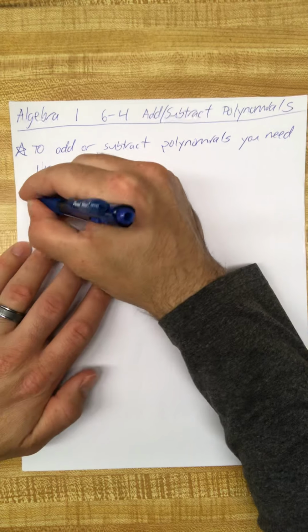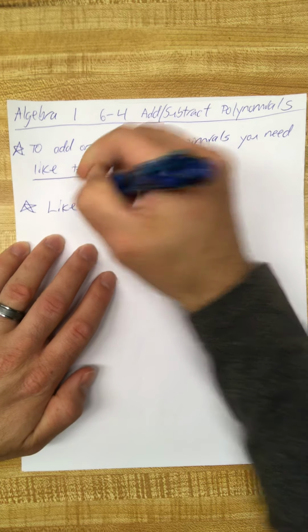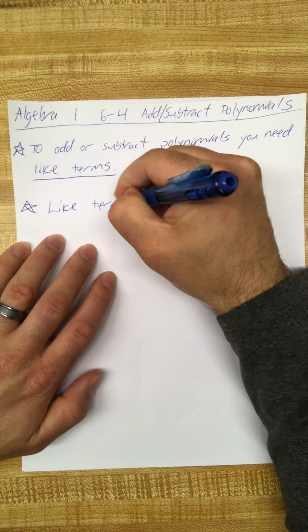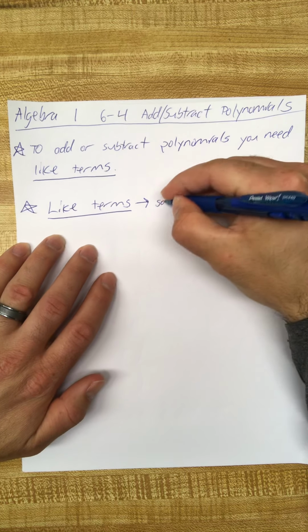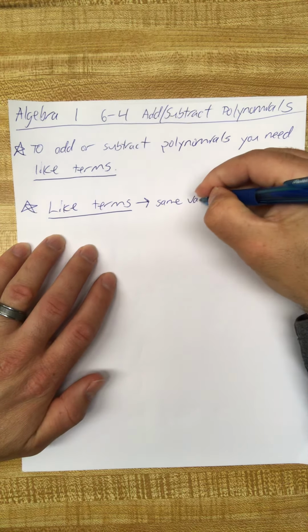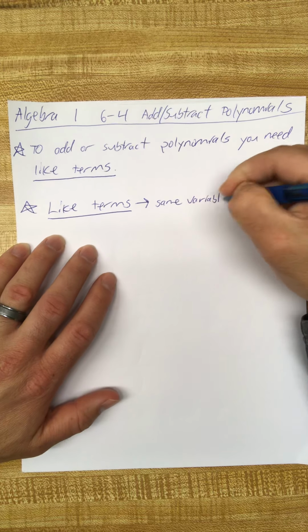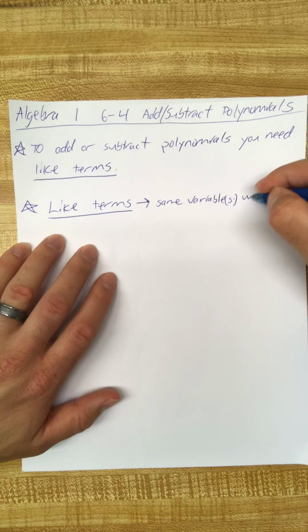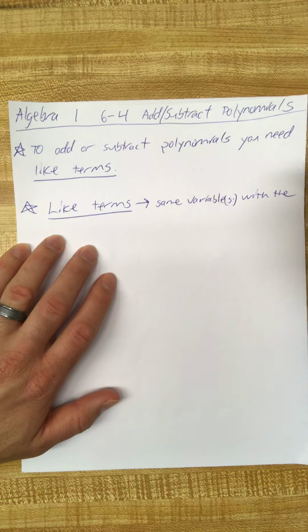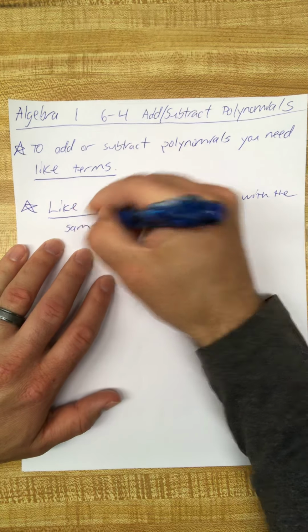And remember, like terms, they have the same variable, maybe variables. We're not going to do too much with that, but the same variables with the same exponents on those variables.